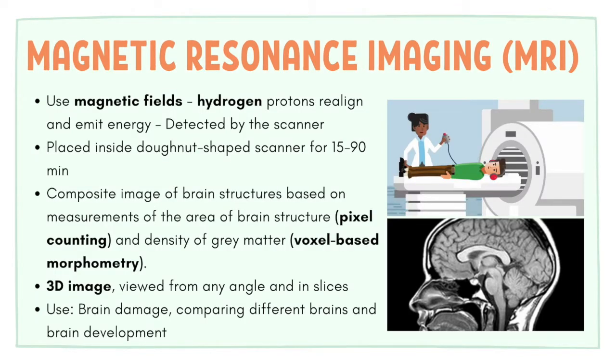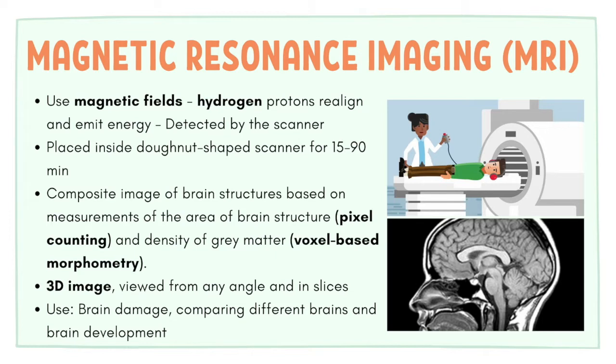So, the magnetic resonance imaging is the first technique that we're going to be looking at in this video. The brain is composed of 70% water in its tissues, and the magnetic resonance imaging, or MRI, takes this into account for its functioning.